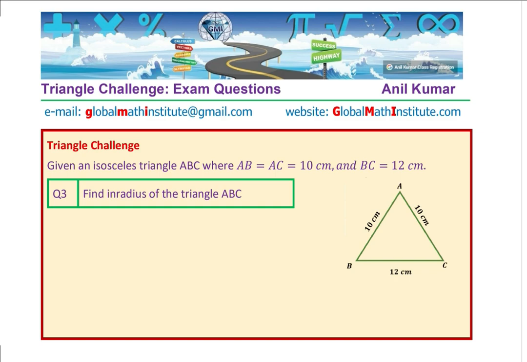Now Inradius is the point in the circle which is the intersection of right bisectors of the angles, right? How do you get that point? So this is a point where the angle bisectors intersect, right?